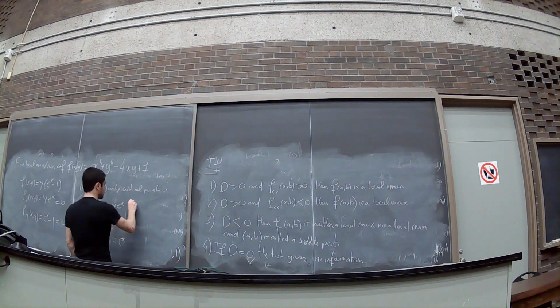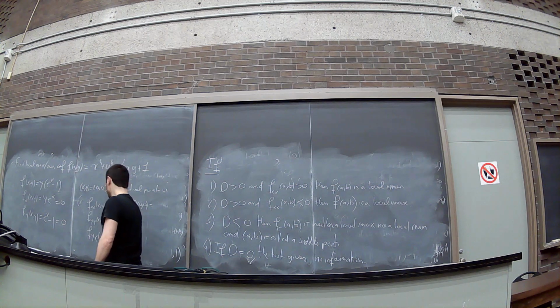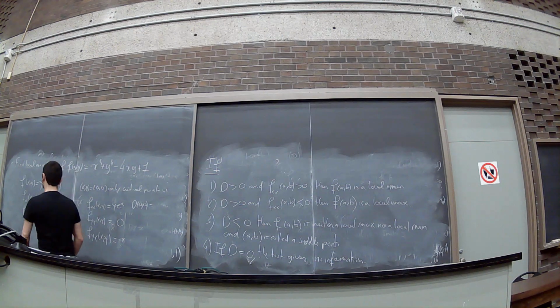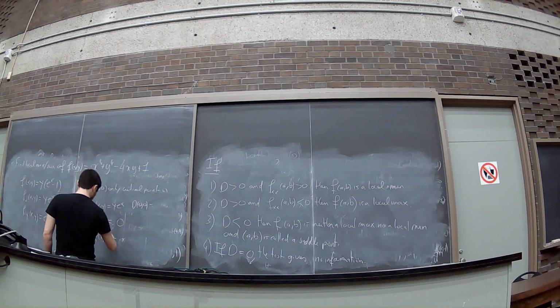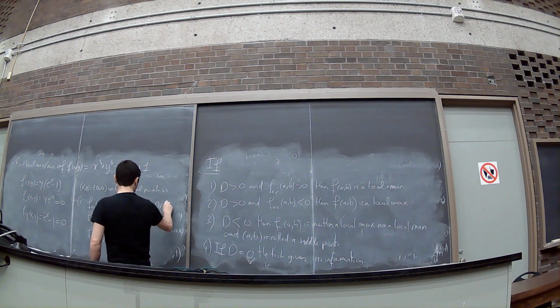Okay? Now look at this. Look at D(0, 0). What is D(0, 0)? It's fxx(0, 0) fyy(0, 0) minus fxy(0, 0) squared, which is 0 minus 1 squared, right?